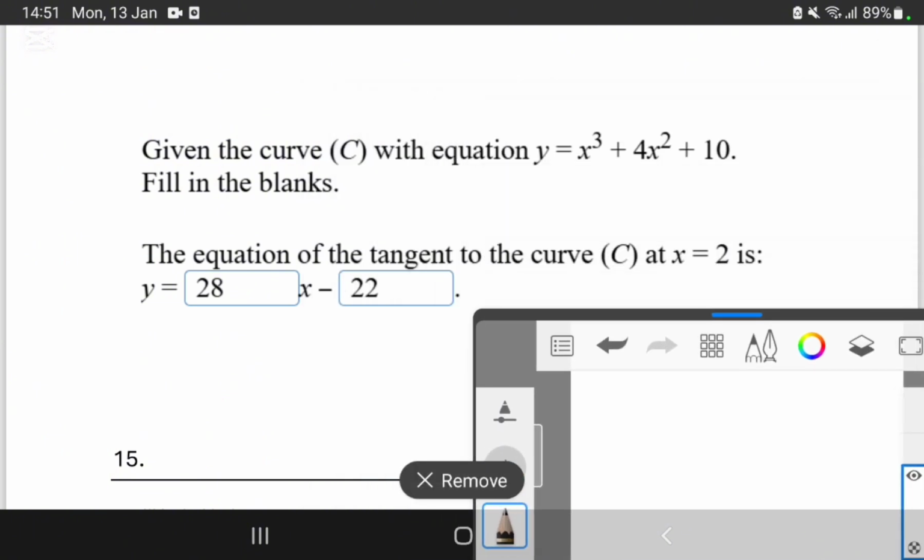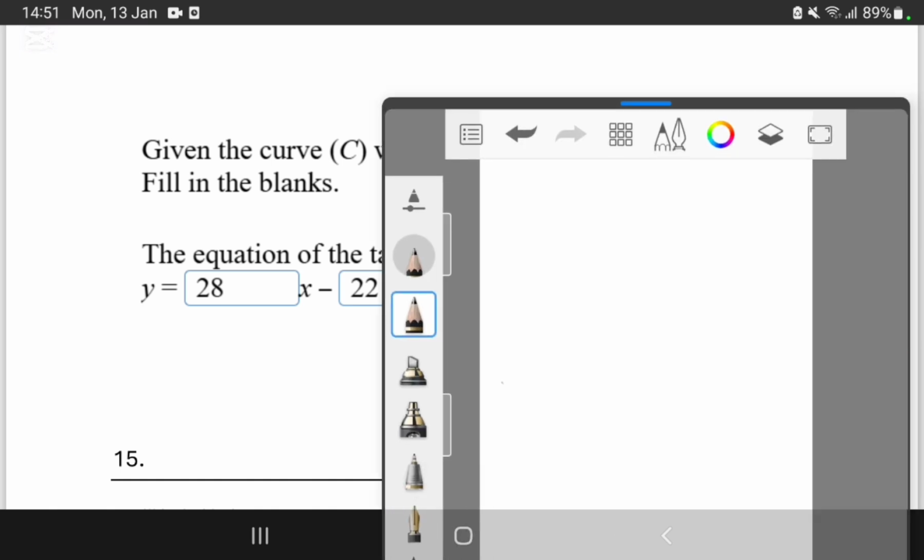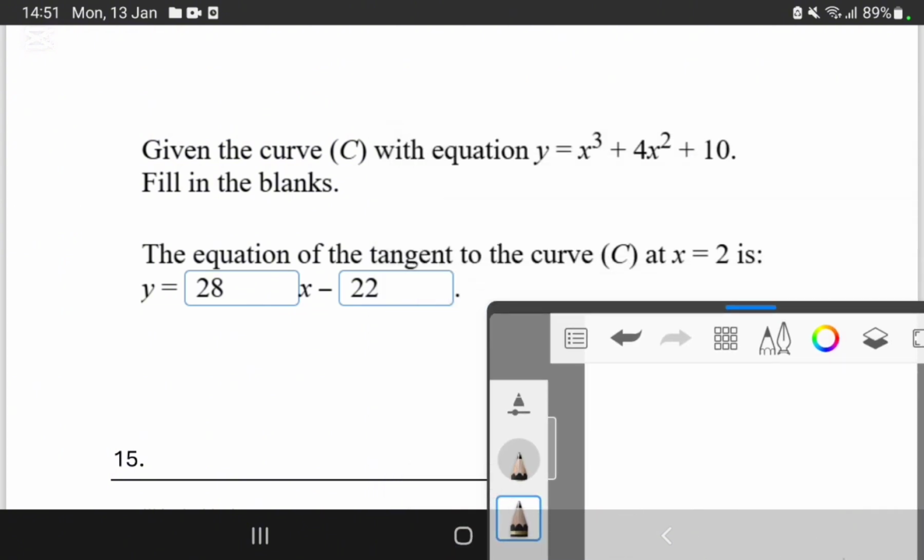And now that we have this equation, y equals 28x plus b. And now to find b, we need to find 1 point. To find the point, we need to find the y because we already have x equals 2.